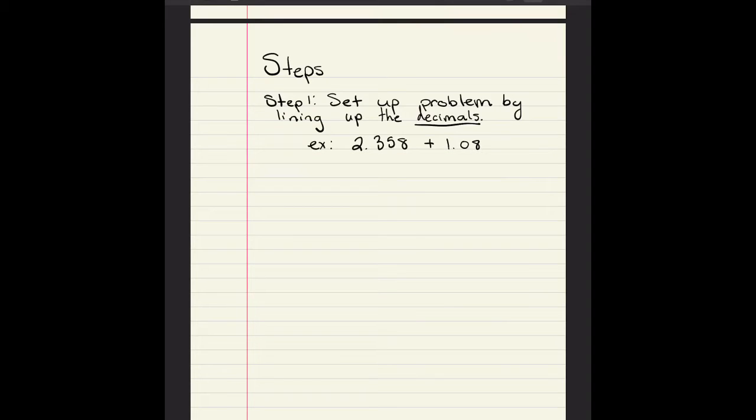All right, so step 1 is to line up the decimals. So first I start off by rewriting my first number, and then I see that I have another number in the ones place, so I'm going to line up the ones value. So you can see here, the decimals are lined up.